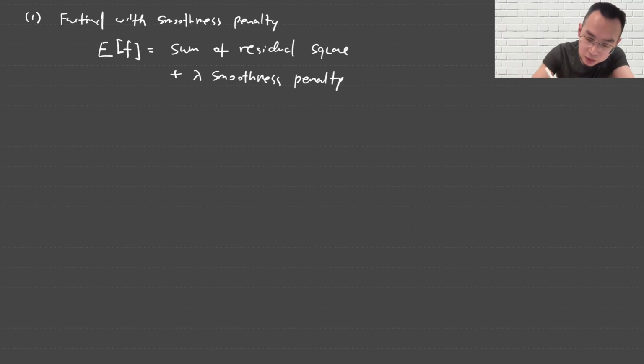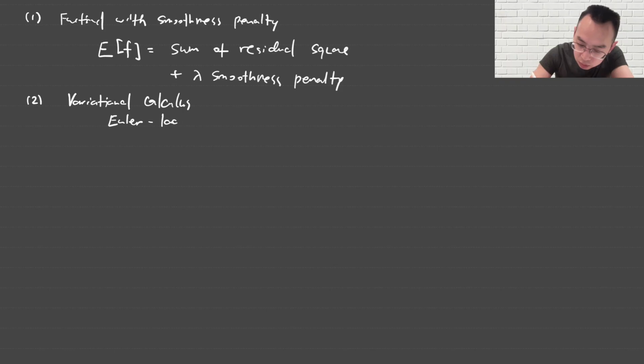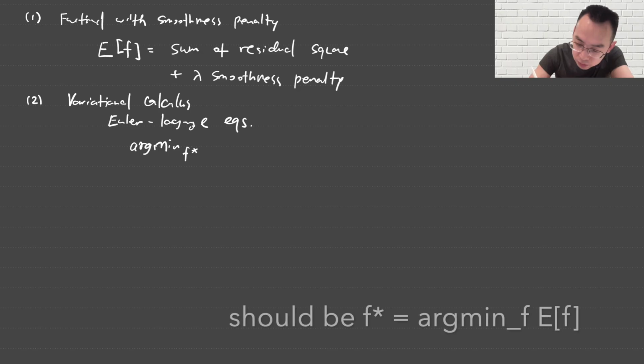Then we apply variational calculus, the Euler-Lagrange equation, namely, to find this condition, right? To find the argmin of f star E of f.